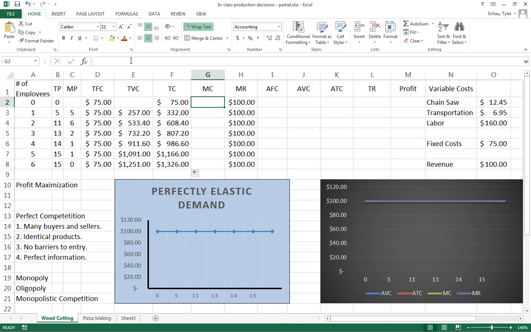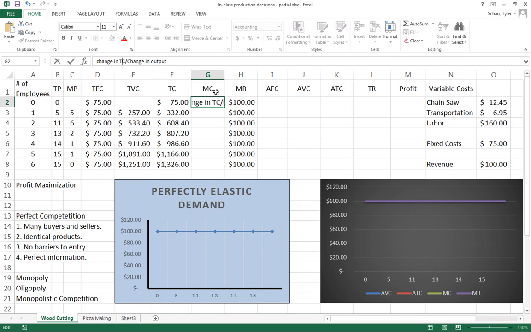Marginal cost, if you remember, the definition for marginal cost is change in total cost divided by change in output. Okay? Or it could be change in total variable cost. Either one works.